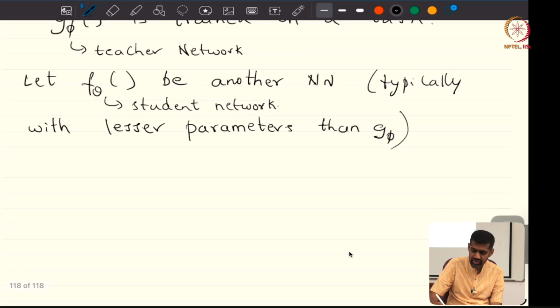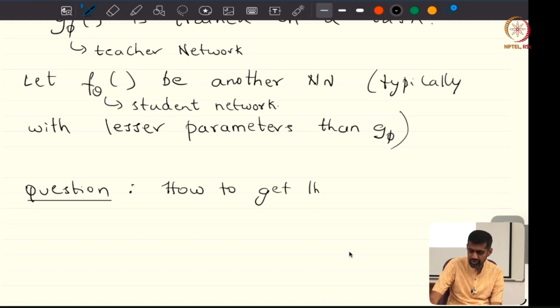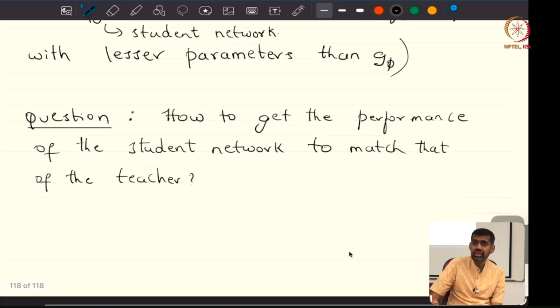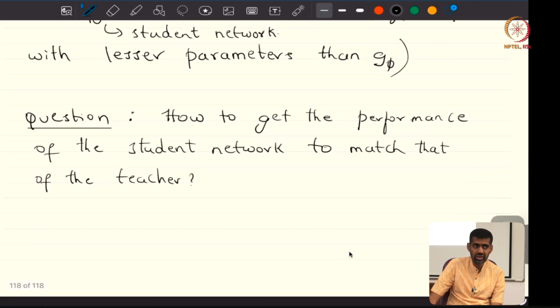Now the question here is how to get the performance of the student network to match that of the teacher. With this question, a class of methods called distillation, knowledge distillation, came.